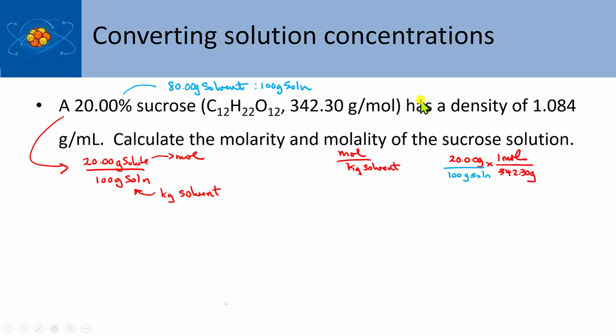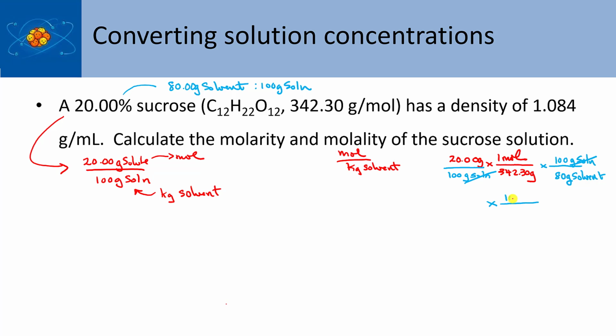So what we can do is get to grams of solvent by going 100 grams of solution for every 80 grams of solvent. So this will cancel out like this. And then the last step, which unfortunately I didn't leave myself enough room to do, is I've got to get the grams of solvent to be in kilograms.